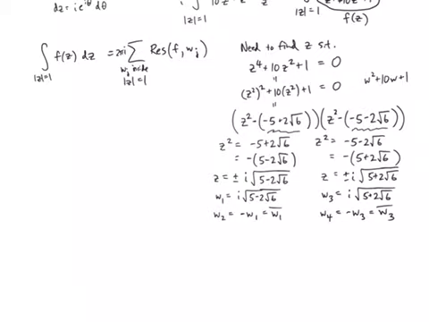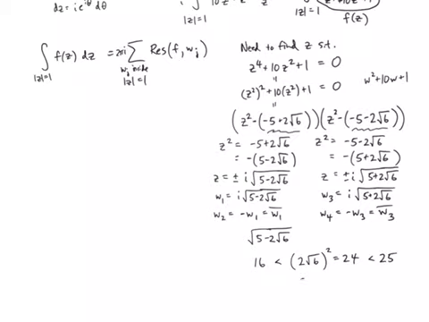And so looking at the other two, we'll see that those are inside the unit circle. So w1 and w2 have the same length, so let's just look at w1. We have to look at the square root of 5 minus 2 root 6. The key thing is that the square of 2 root 6 is equal to 24, which is less than 25 and bigger than 16.